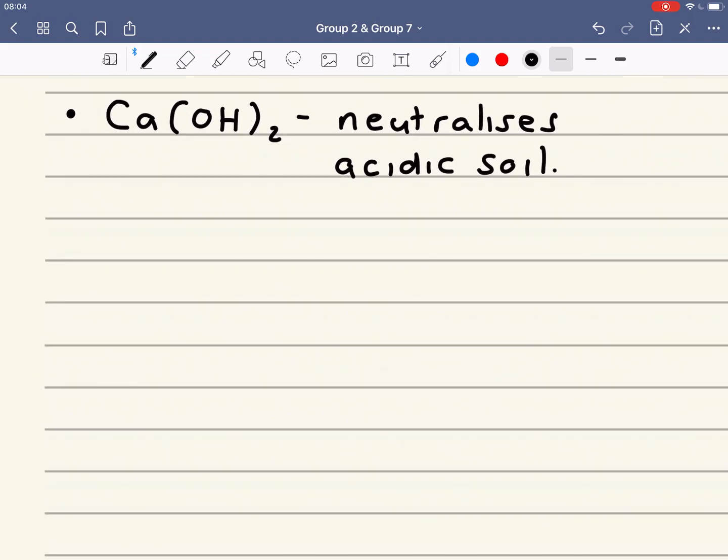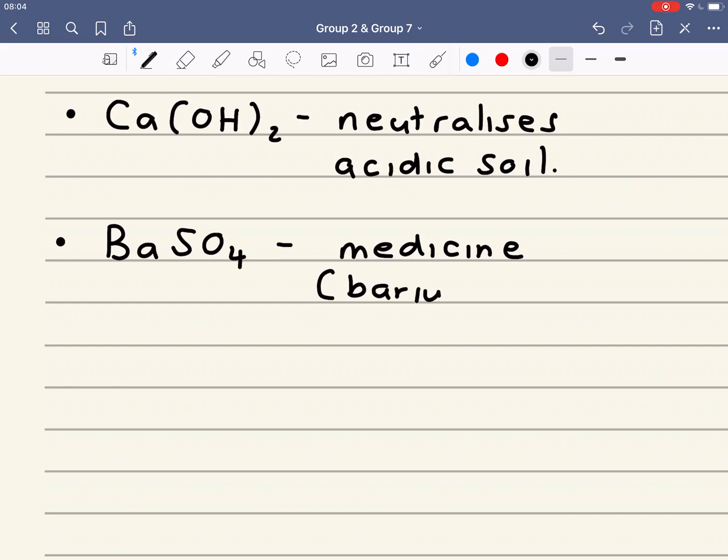The other group 2 compound we're going to have a look at is barium sulfate. And that's used in medicine as something called a barium meal.